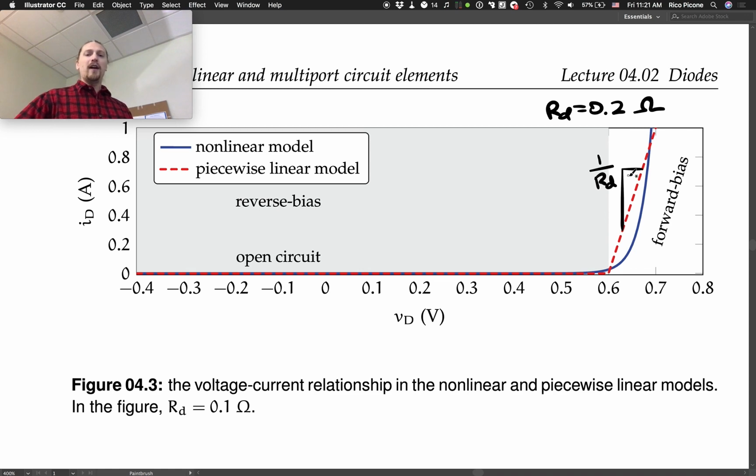So 5 would give you, for 0.1 run here, you would get a rise of 0.5, right? So that's not terrible when you're looking at the low end of voltage.